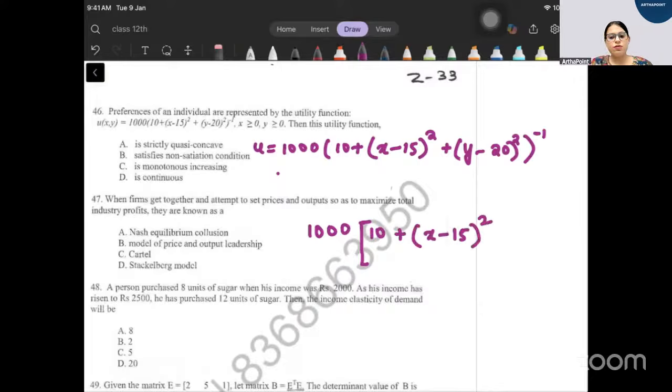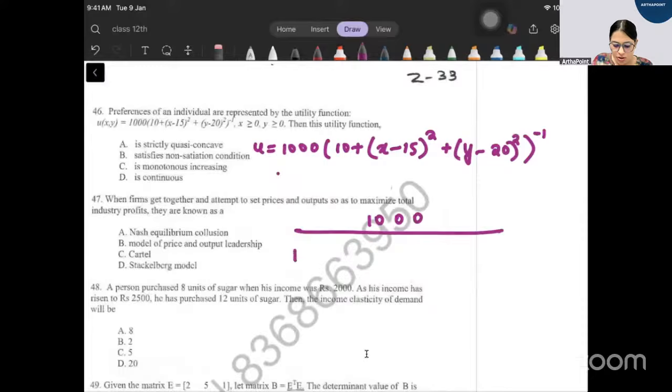So basically what will happen here is that this will go in the denominator, right? So you can bring it directly to the denominator and get this as 1000 upon 10 plus x minus 15 whole square plus y minus 20 whole square.